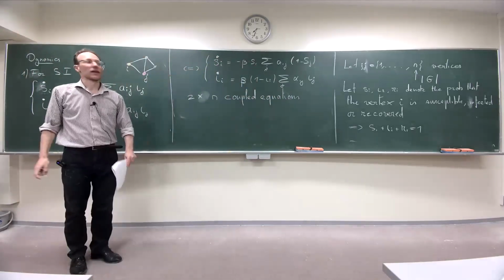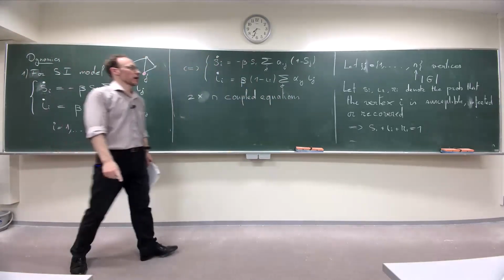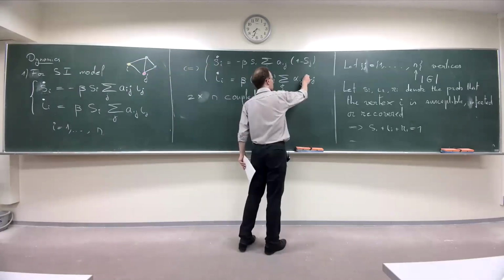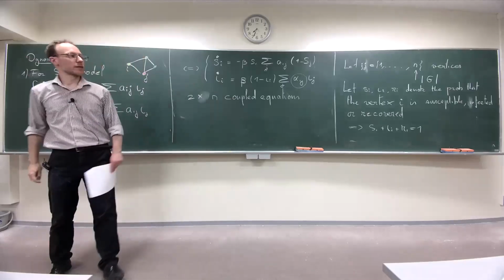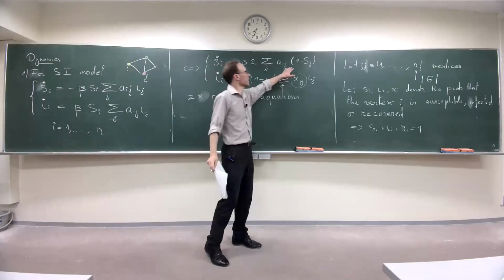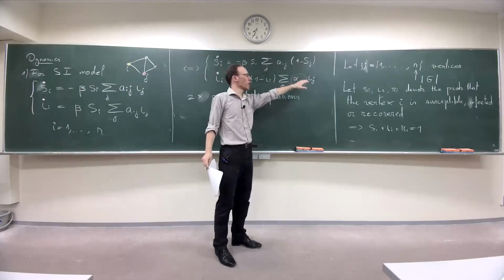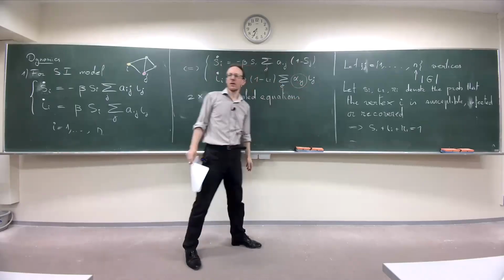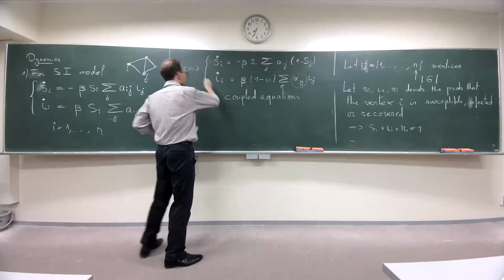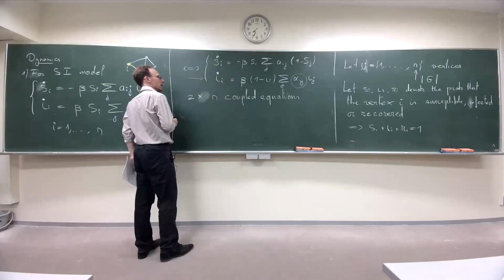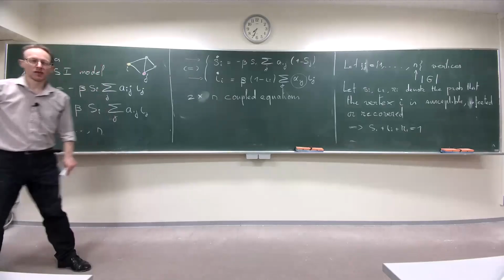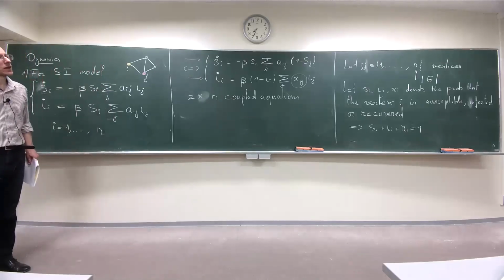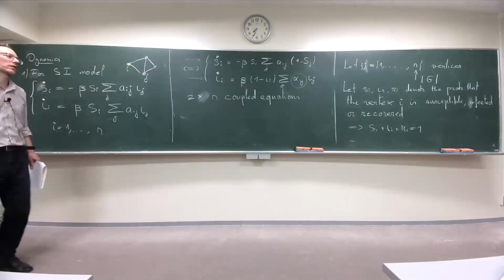Okay. Yes, they are coupled because it takes into account the graph. The graph couples either the different S entries or the different iota entries. So you have n equations here and n equations here. Now, can you write this with a matrix? And is it slightly better? You're right.